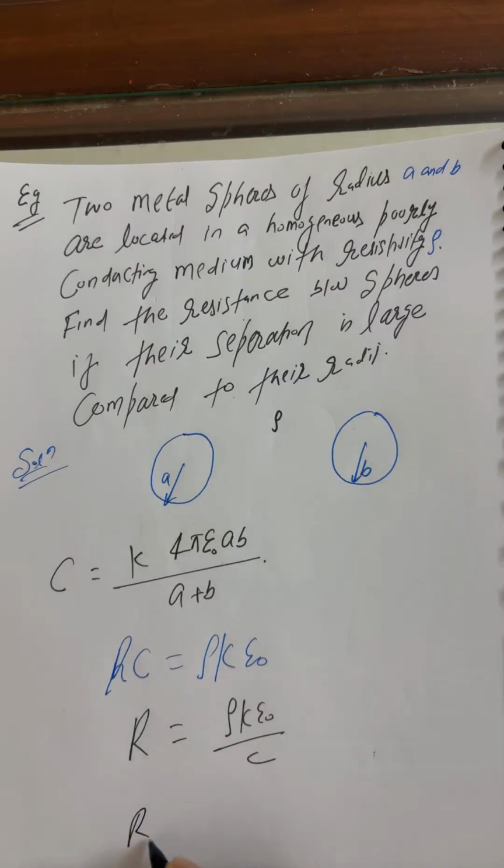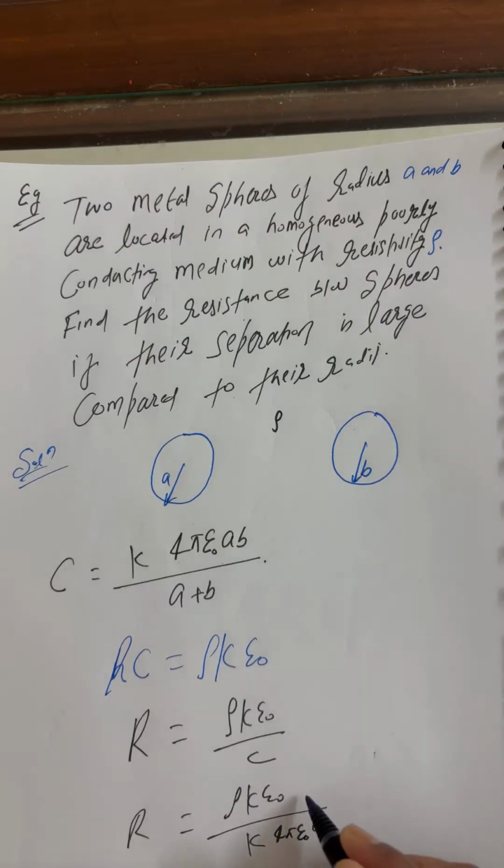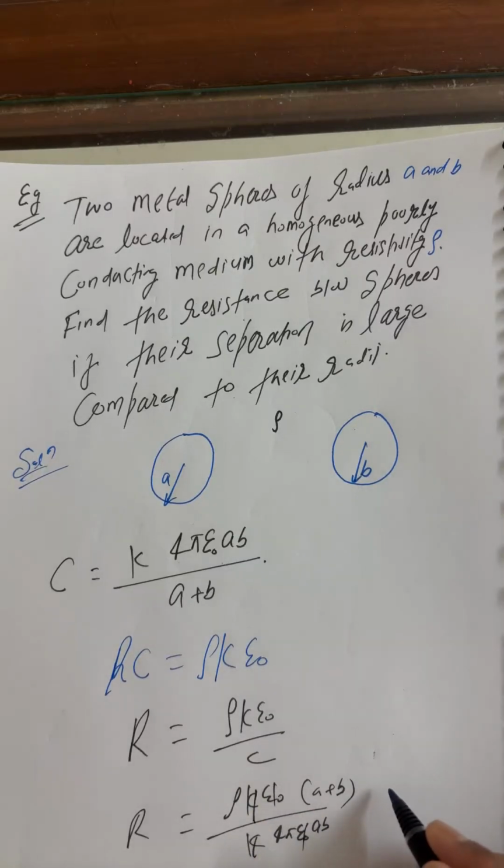So finally, you can write the expression of the resistance which we wish to find. R is rho K epsilon naught upon K 4 pi epsilon naught AB upon (A plus B). This K cancels, epsilon naught cancels.